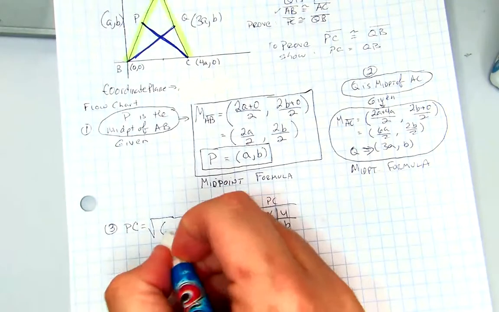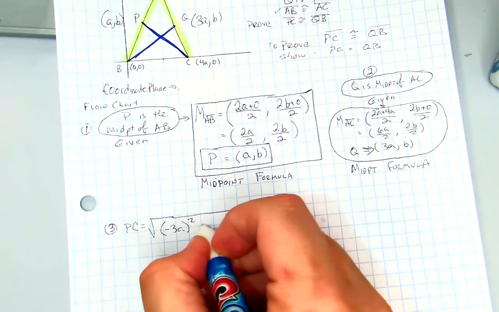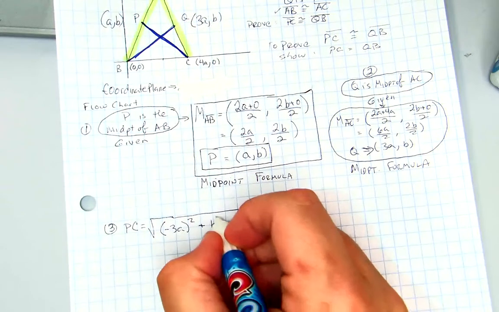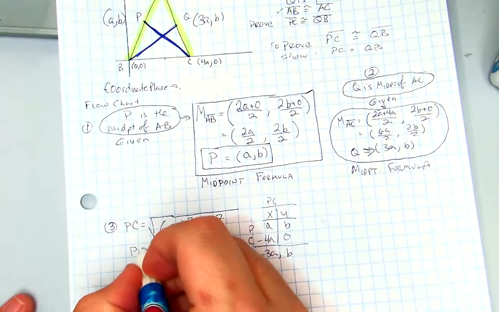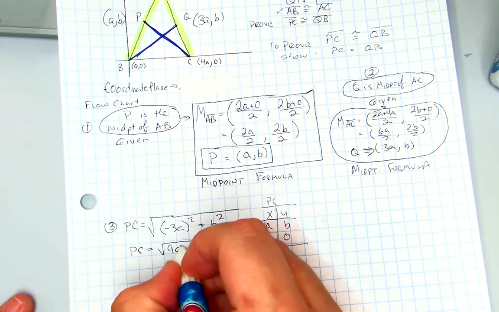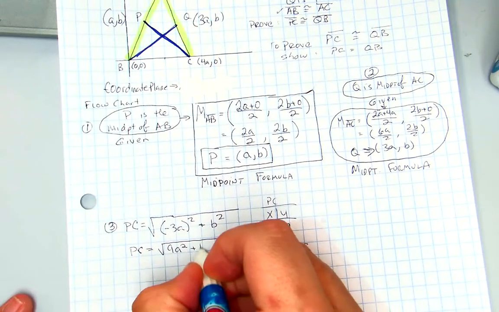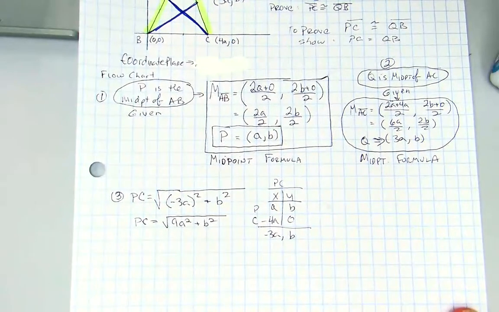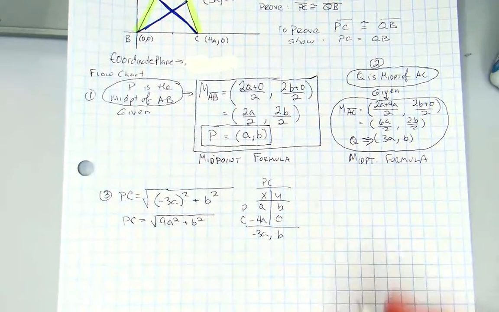So I'm going to take negative 3a, square that, plus b, square that, so PC is equal to the square root of 9a squared plus b squared.